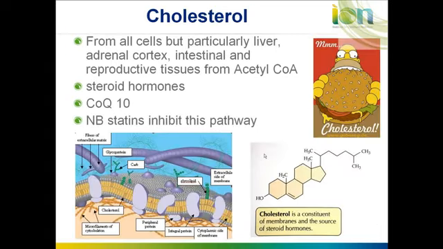Now insulin also stimulates cholesterol production in the liver, which would then also be transported out in the VLDL. As well as the liver, the adrenal cortex, the intestinal epithelial cells, I think, and the reproductive tissues.